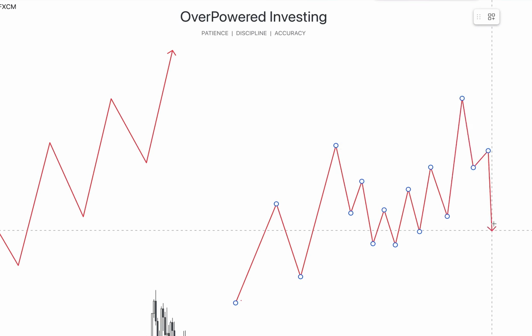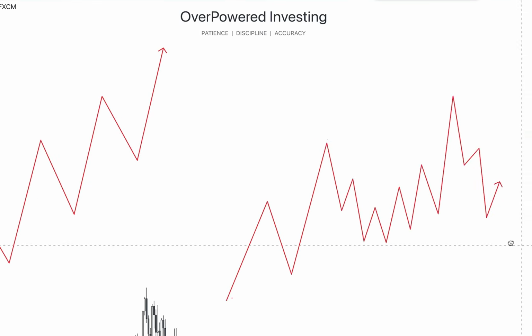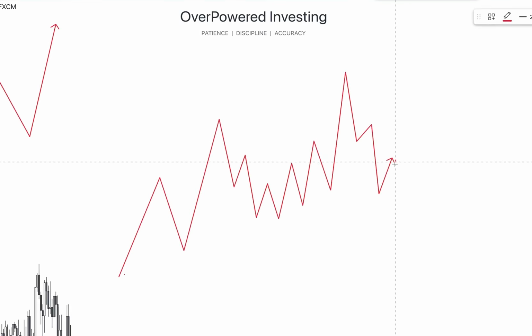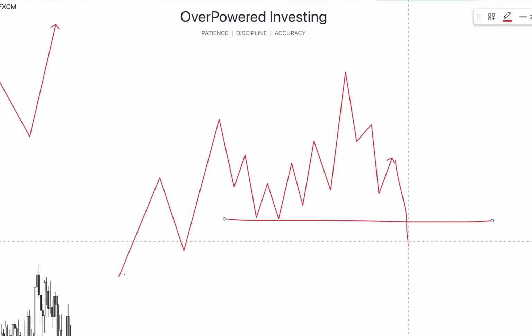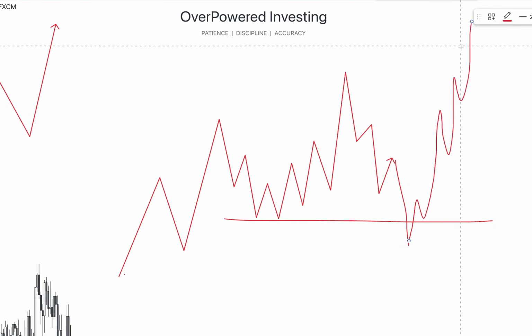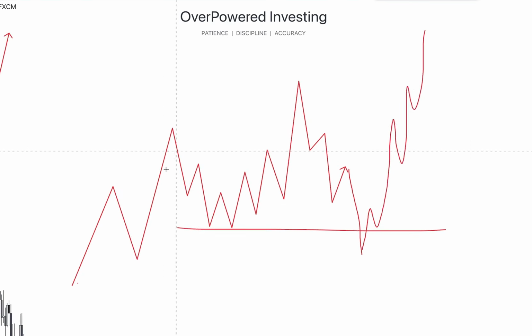Sometimes it's just retracing to the downside, making another internal structure, going down, sweeping the levels, and then reversing again in the direction of the trend. So this is basically how the real market structure in real life is going to look.